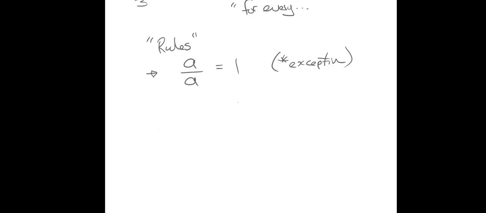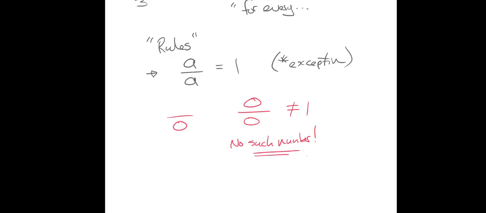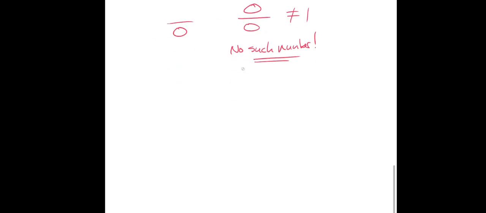Makes sense? So the exception, of course, is a big exception as long as the bottom is not 0. Okay? 0 divided by 0 is not 1. It's just no such number. Okay? Doesn't exist.